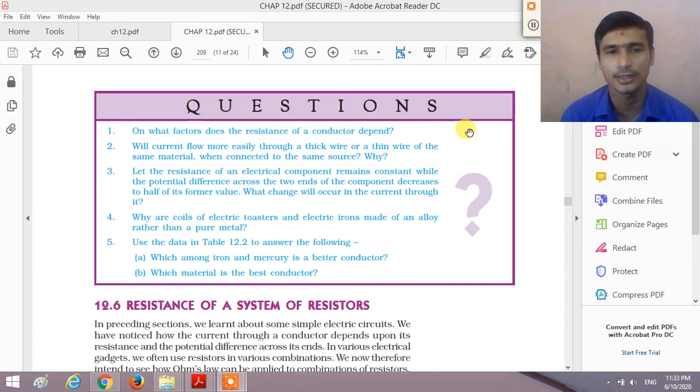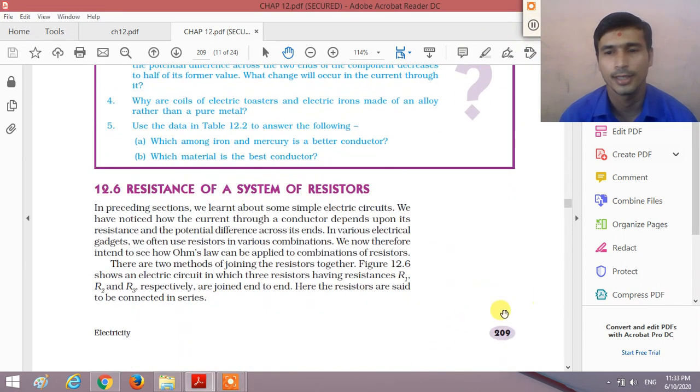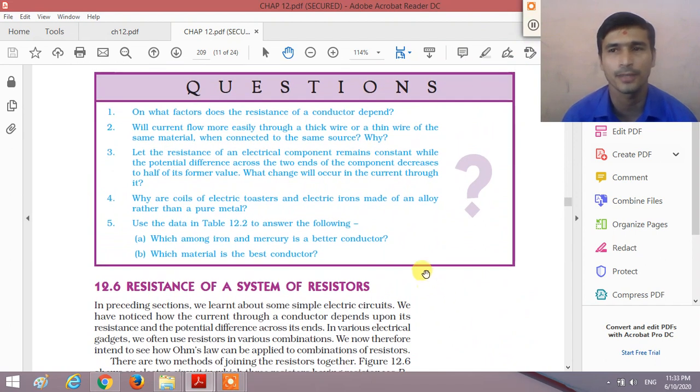Now we discuss the questions given in page number 209, right? There are 5 questions given in page number 209. So now we discuss the answers of these 5 questions.